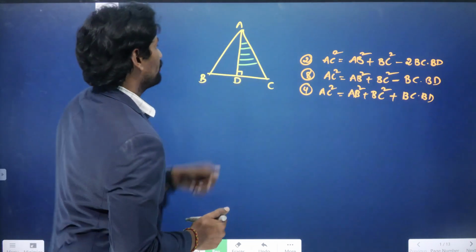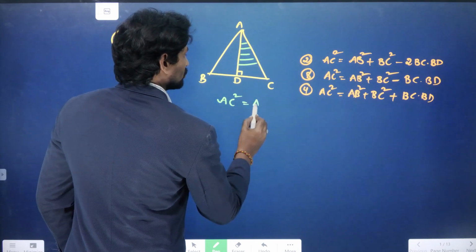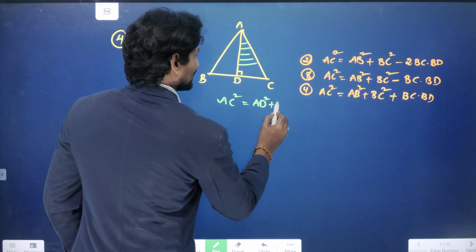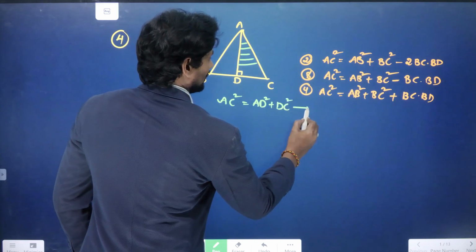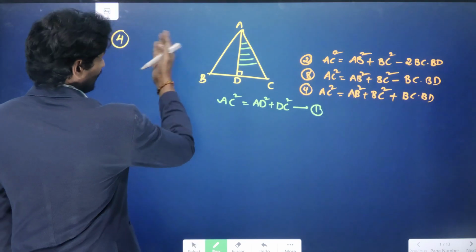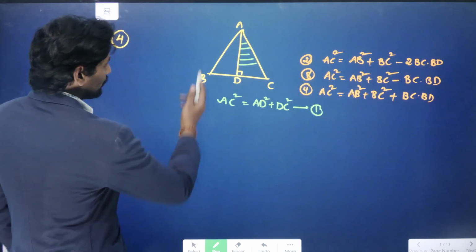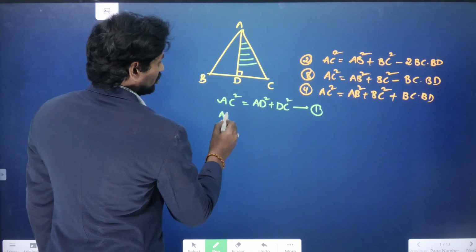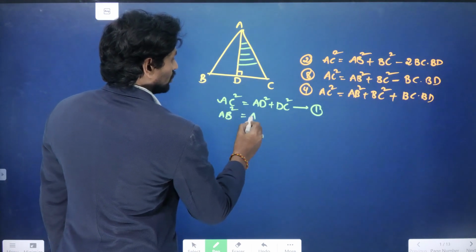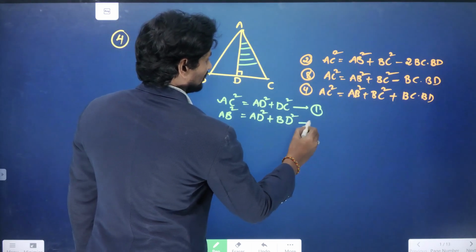So from this we can write AC square equals AD square plus DC square. Let us consider this equation number 1. Now coming to the left hand side, it is also a right angle triangle. Here the hypotenuse is AB. So AB square equals AD square plus BD square.